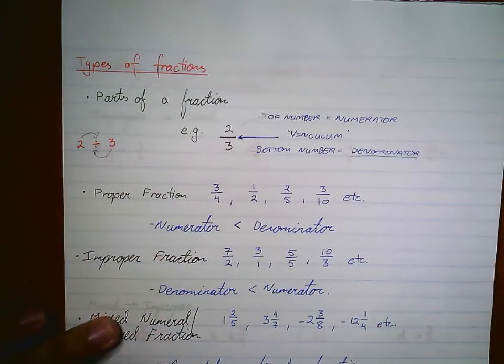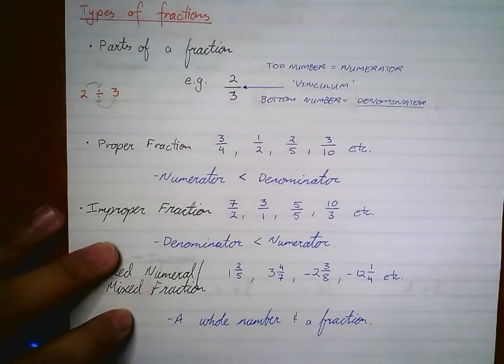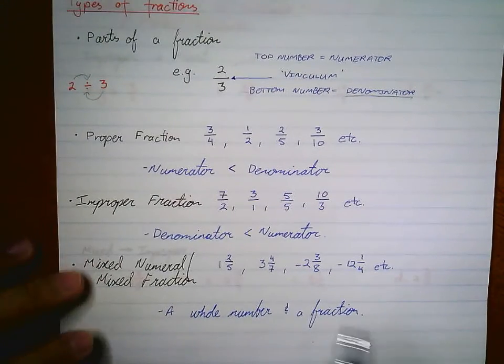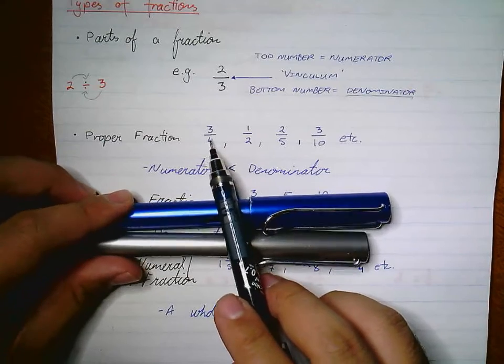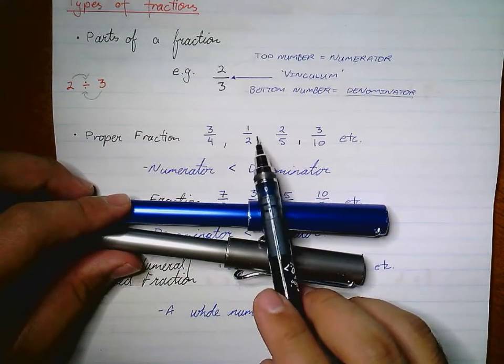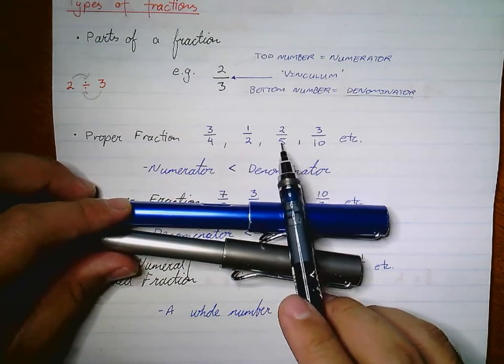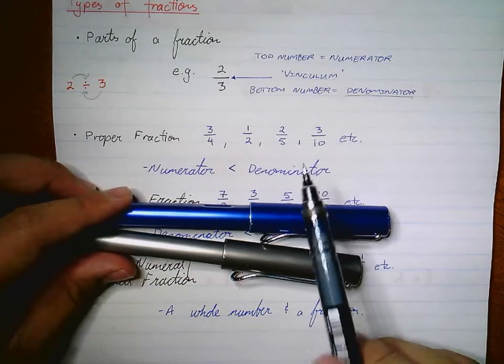Now let's take a look at what fractions can look like. Okay, so first one we can have is a proper fraction. So here are a few examples, but not all of them. 3 over 4, 1 over 2, 2 over 5, 3 over 10.